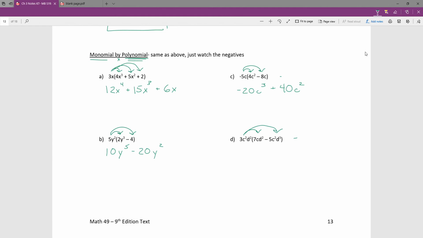Let me just take it slow here. Really easy to make simple mistakes on these. And so those would be those 4 examples all done. Watch your negatives. Watch all the little invisible ones that you can't see on those letters, on those variables, and that should do those.